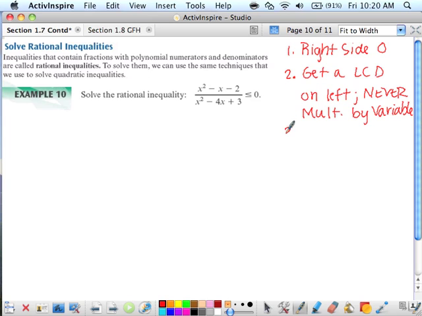Once you do obtain the least common denominator and you have one big fraction on the left, all you have to do is set the top and bottom equal to 0. Whatever it takes to set the top and bottom equal to 0, solve it, and those are the numbers that go on your number line.